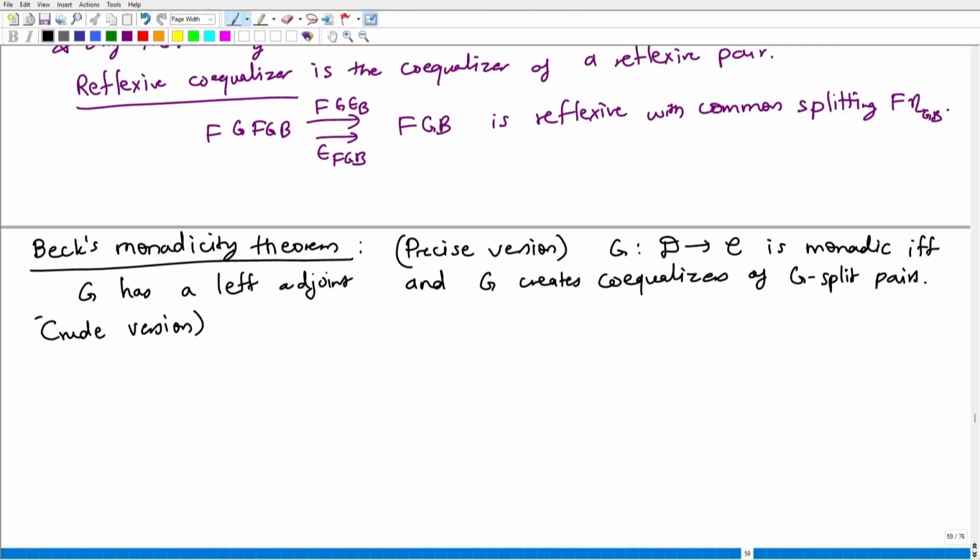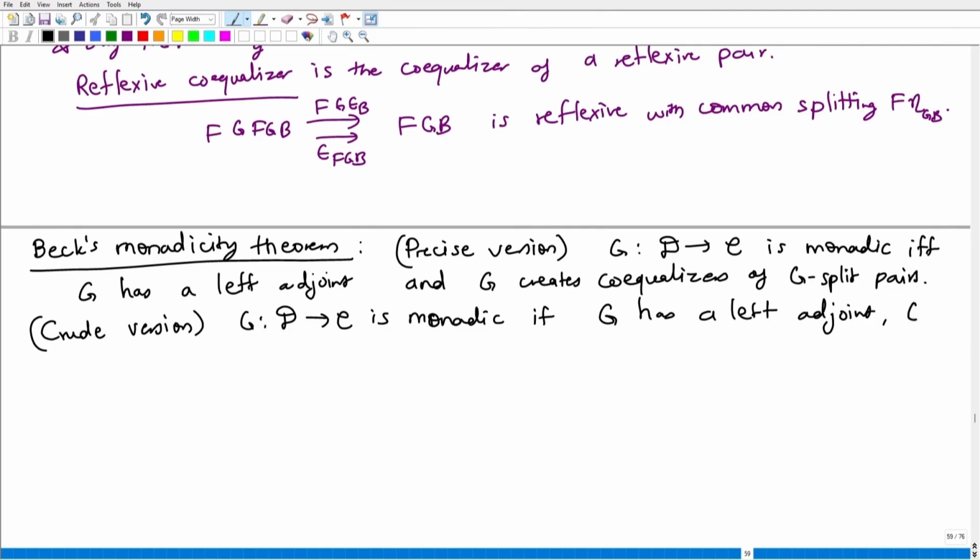So the crude monadicity theorem says that G from D to C is monadic, if and only if... we can't leave this, sorry, not if and only if. If G has a left adjoint, then G is conservative. What does that mean? I.e., it reflects isomorphisms.